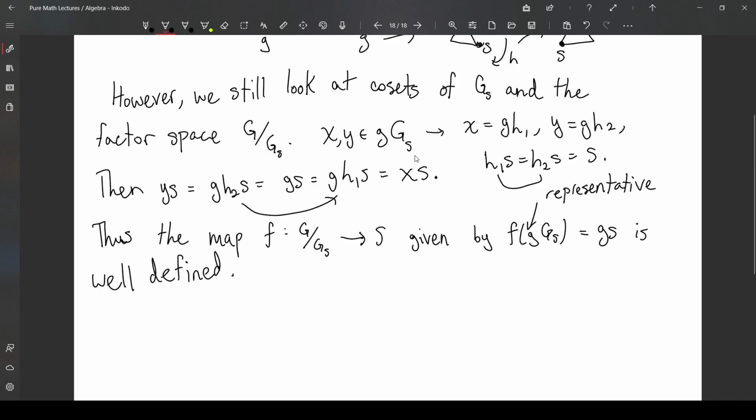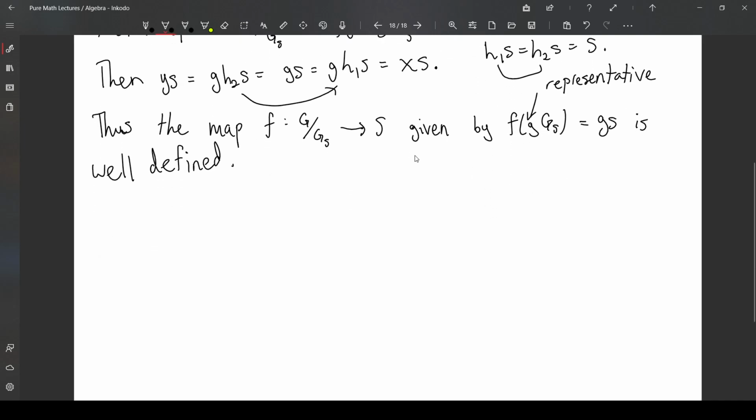If I choose any two elements in a coset, then they have the same effect on S. Okay, so what does this map allow us to say? We want to say that this map gives a bijection from G by GS to the orbit GS.